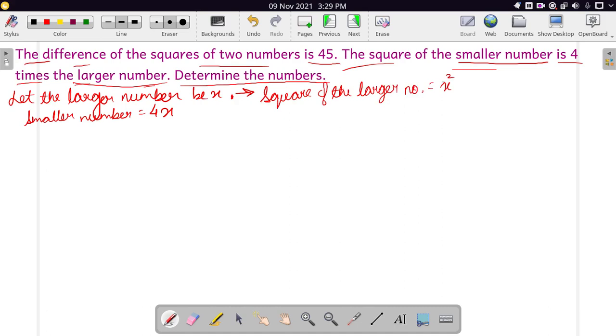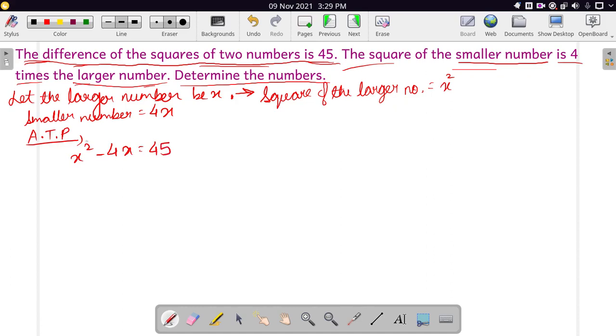Now it is given that the difference of the squares of the numbers is 45. Look at the first sentence. The difference of the squares of the two numbers is 45. So according to the problem, we can write x square minus 4x is equal to 45.